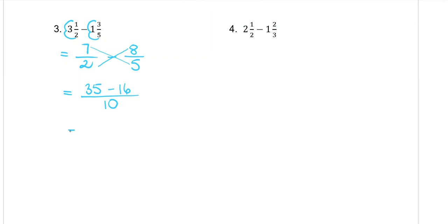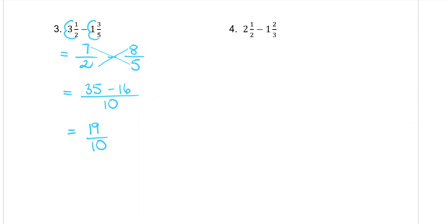So finally, third line, we are going to take away 35, take away 16, which is 9 over 10. Oh, wait, sorry, made a mistake. Let's do that again. 35 minus 16 is not 9, it's 19 over 10.